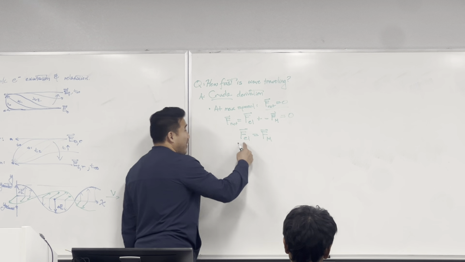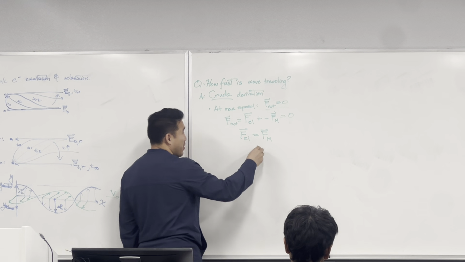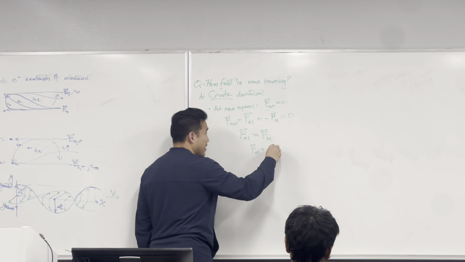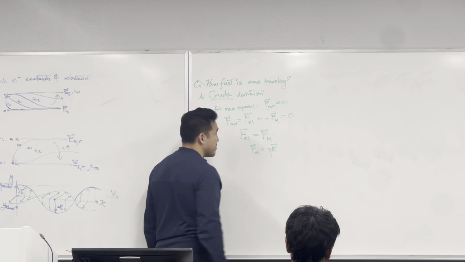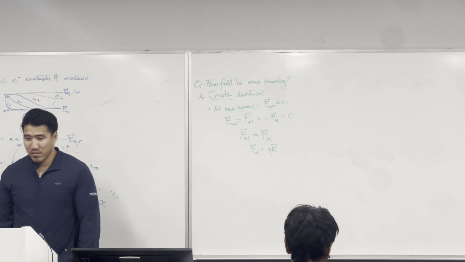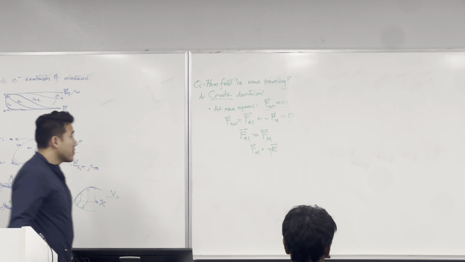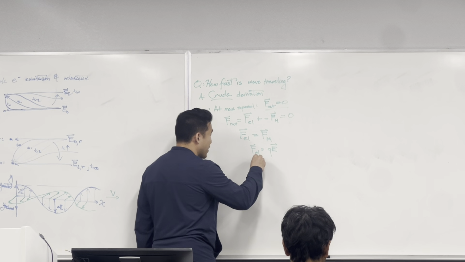Now we just need the forms of these two expressions. What is the force from the electric field? That is simply Q times E. What about the magnetic field?